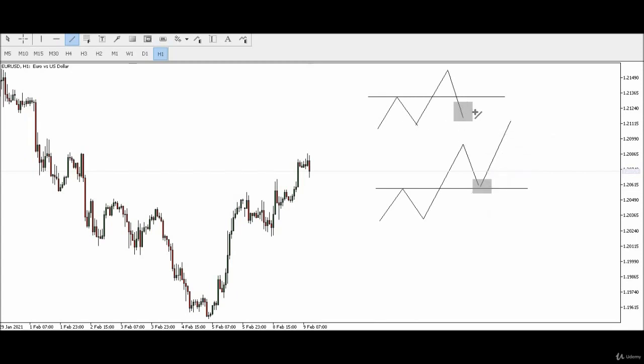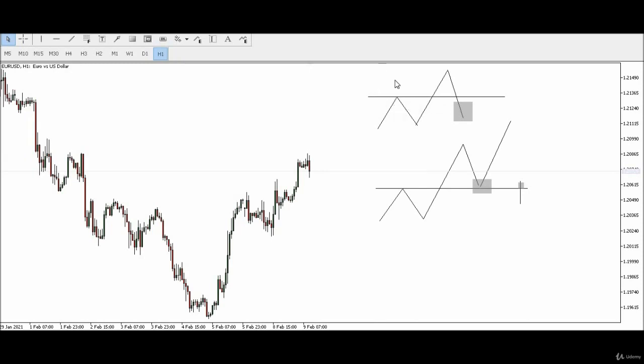So in this scenario we are looking for candlestick to close under this line and then we can sell, and in this scenario we are looking for something like this. Something like this candlestick. So I'm sure you see the difference, and the same is in the opposite.